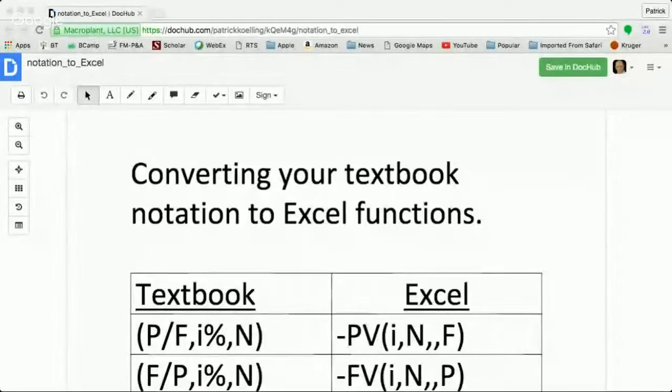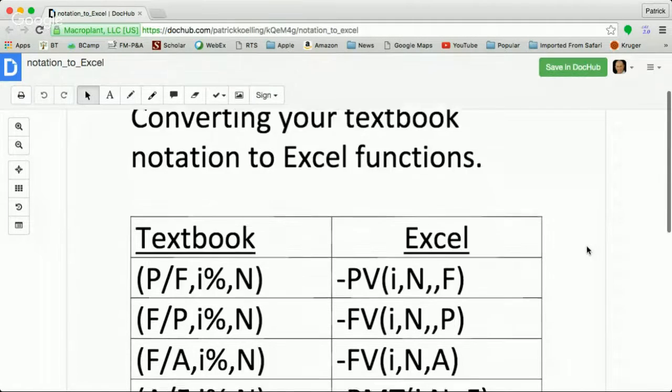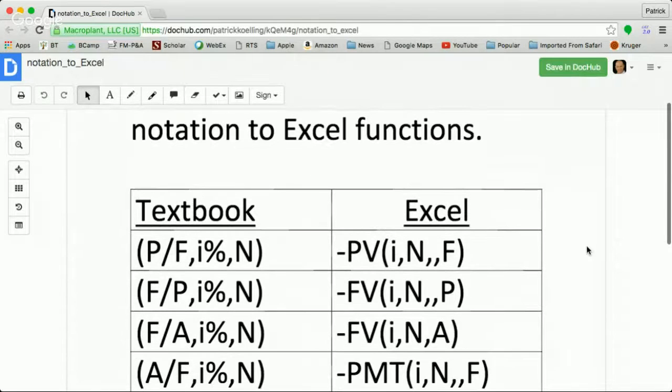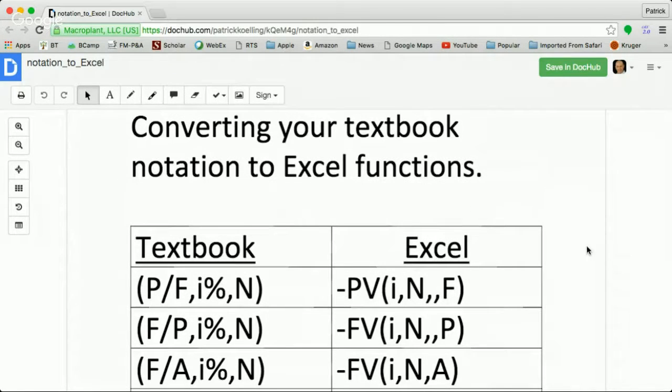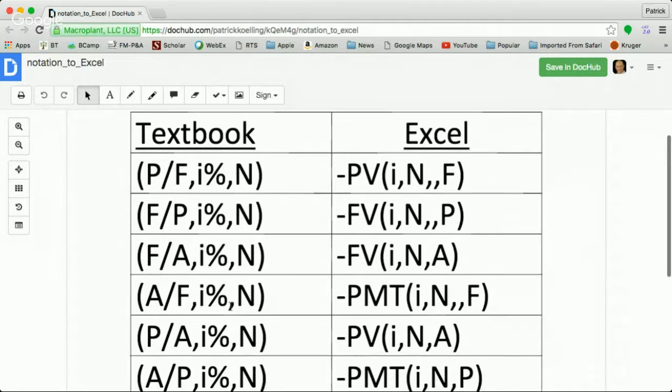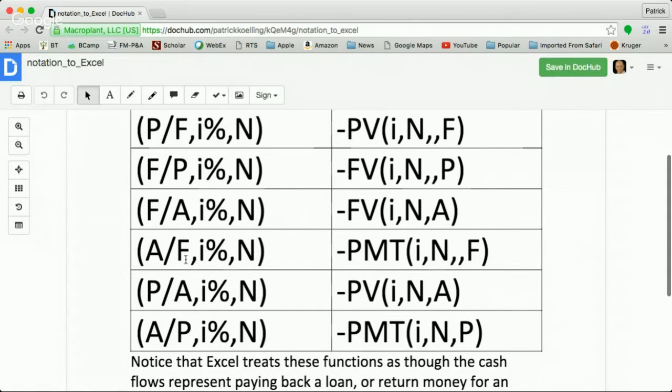This has been posted, and you should be able to download this from the classroom site. Please keep this close, at least for a while. And this shows you conversion of these factors, which may mean nothing to you yet, and we'll get there. But this is the notation.